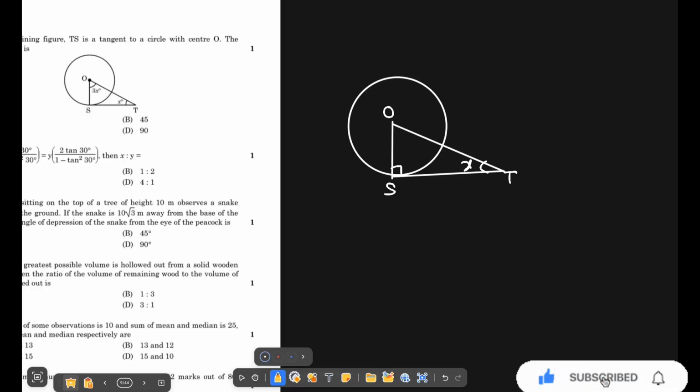So we know that angle at S is 90 degrees. Angle between the tangent and radius is 90 degrees. Now it is given it is 3x.